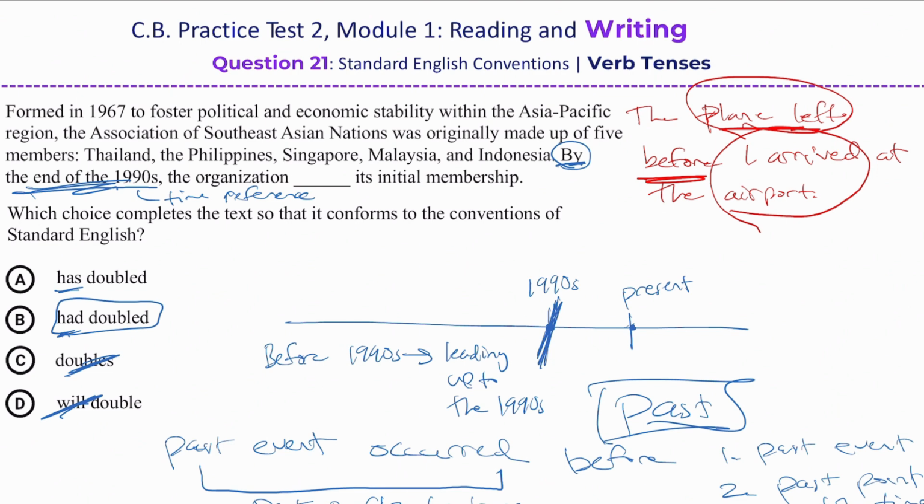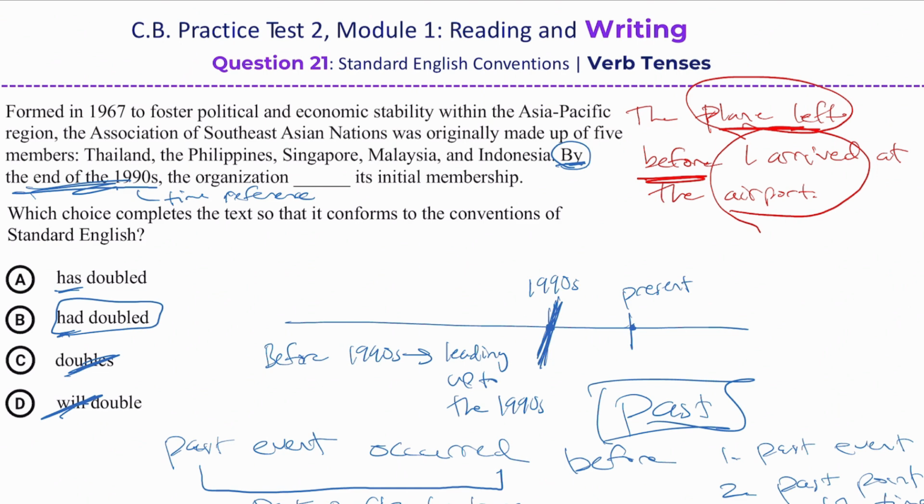And because the plane left is your first event, you could write this verb left as the past perfect, right? So you could say the plane had left, right? Or the plane had gone, or the plane had taken off, right? Before I arrived, right? That's how the past perfect is used, okay?